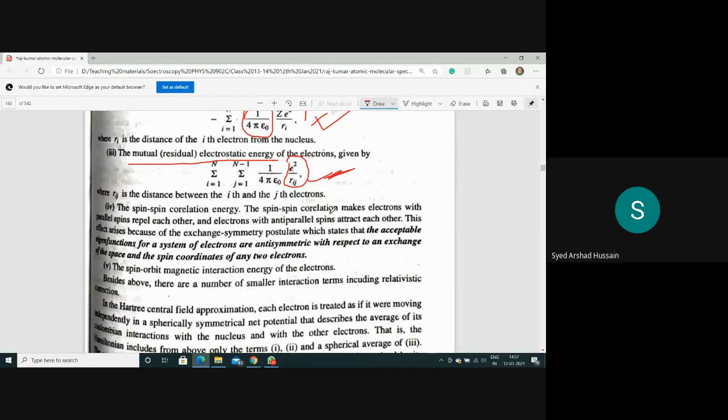Under these approximations, mainly the first 3 terms, that is kinetic energy, potential energy, and residual electrostatic interaction energy, contribute to the motion or spectral features of your systems. So you need some kind of mechanism to have an idea how the movements of individual electrons get modified when they interact with each other.